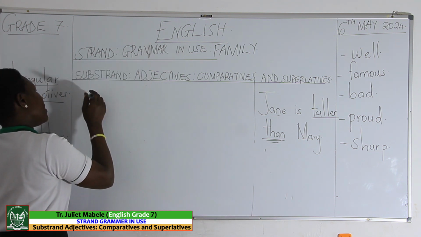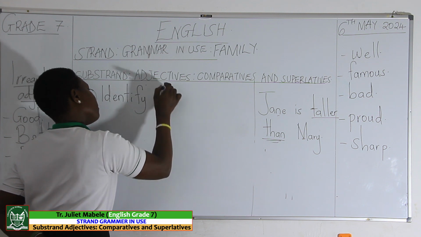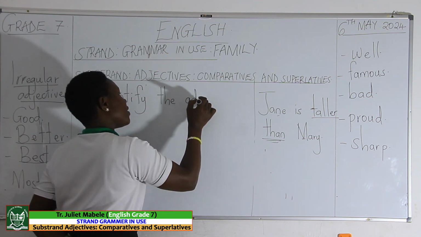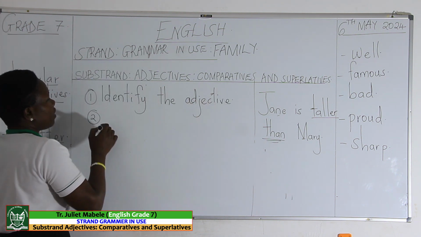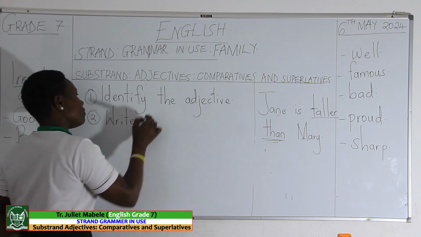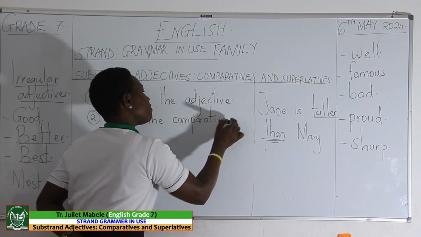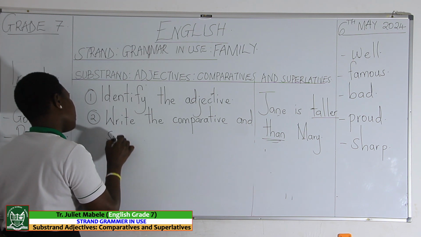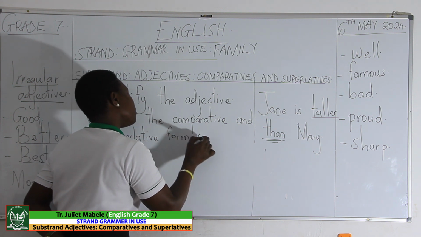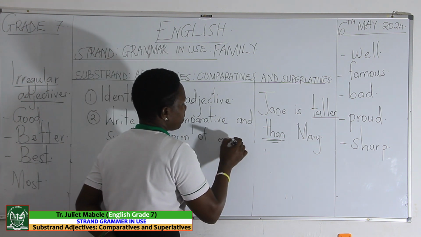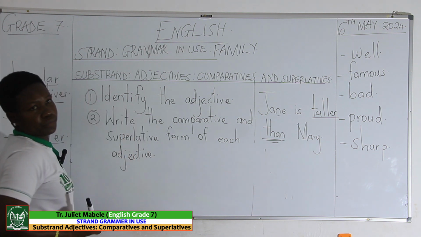So one, you identify the adjective. Then number two, write the comparative and the superlative form of each adjective. Good.